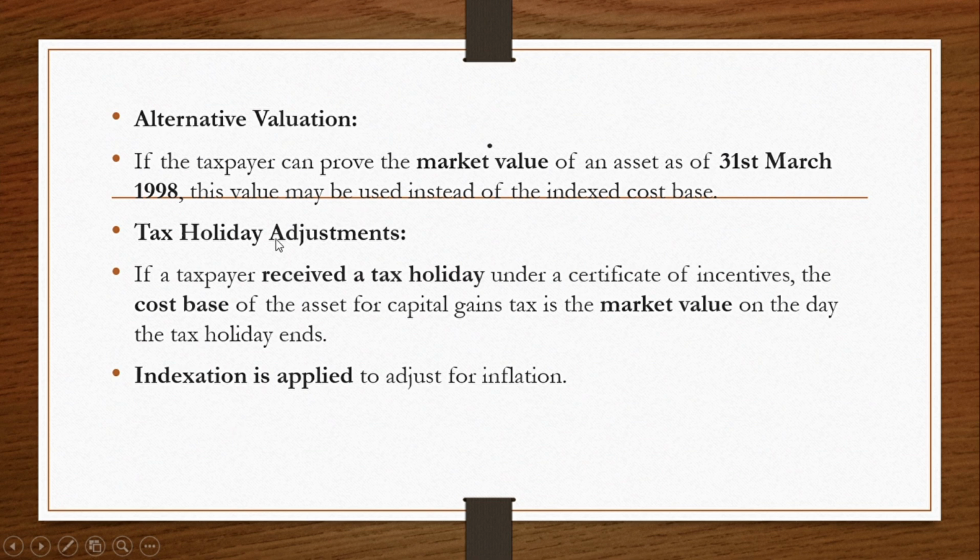So we have an alternative valuation for the assets that were acquired before 31st March 1998. Instead of adjusting the cost base for inflation, if a taxpayer can prove the market value of the asset as of 31st March 1998, then they may use the market value instead of indexing the original cost base.